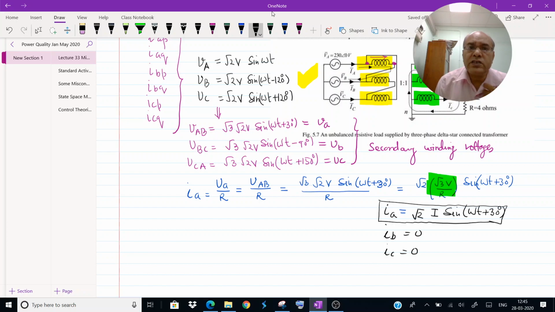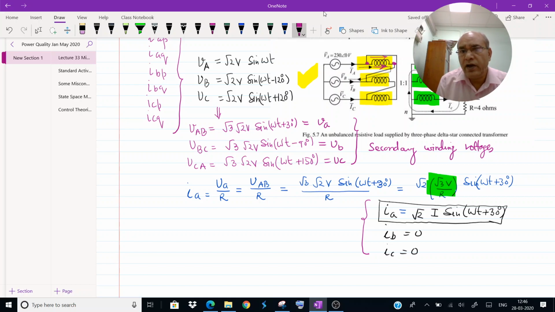Okay, so these are actually the three-phase currents on the secondary side. Now these currents on the secondary side get transformed to the primary side by transformer action. So the current which is here, this current is basically the IA current. This will get transformed to this current.